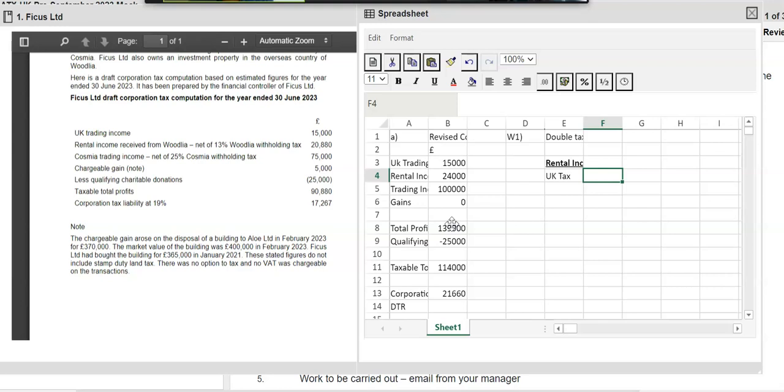So 24,000 times 19%, and if I see the overseas tax, that's this times 0.13, 13%. So that was 3120. Agreed? Right. Okay. And what's the DTR on the trading income?